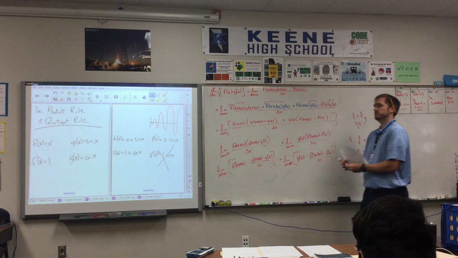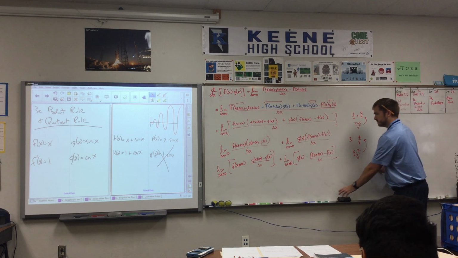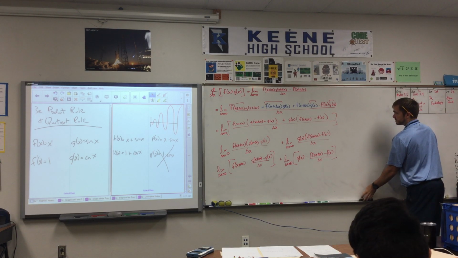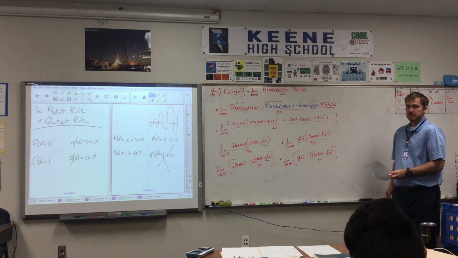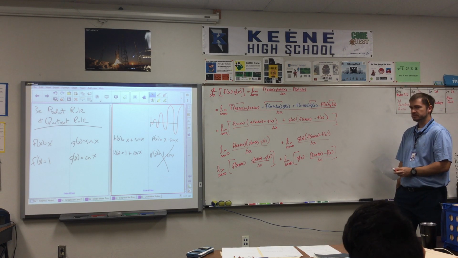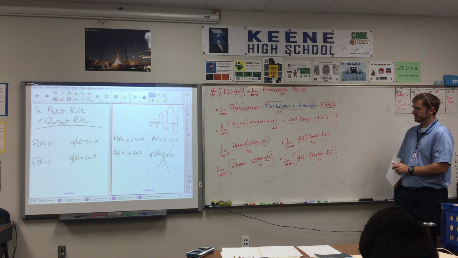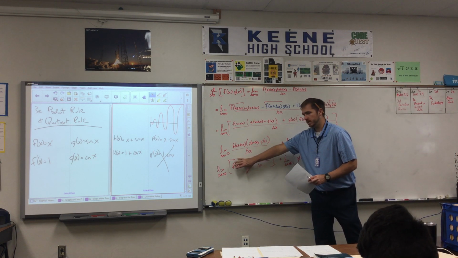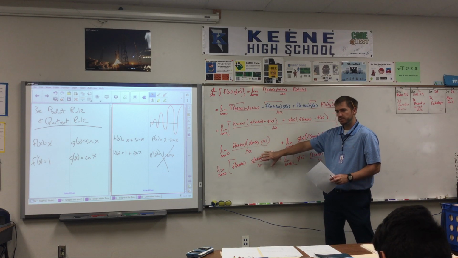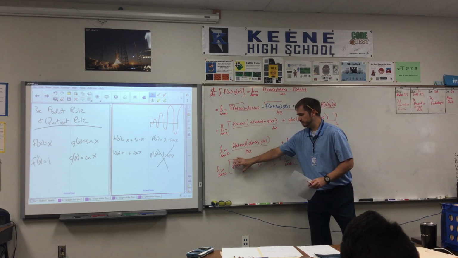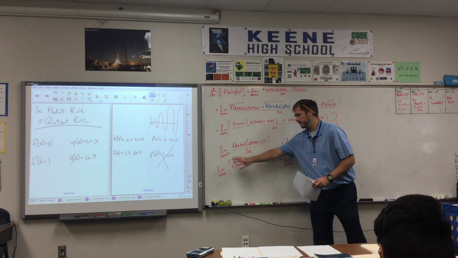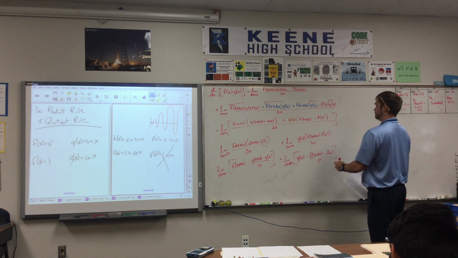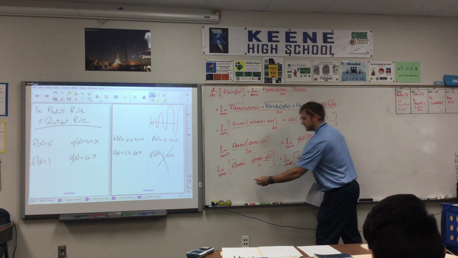Limit as delta x approaches 0 of that thing. And a property of limits is that if you have the limit of blah times blee, you can actually write the limit of blah, so take the limit of this function right here, and then times the limit of blee. I'll just write it down there.